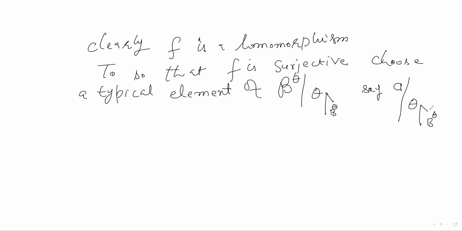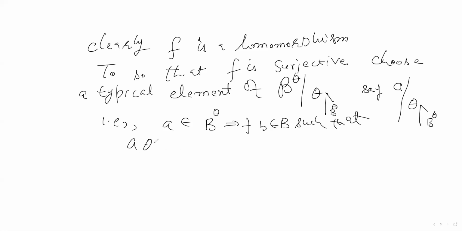So this means A belongs to B theta. And by definition of B theta, which is the collection of theta classes of elements of B, there exists some b in B such that A is theta related with b, A theta b.